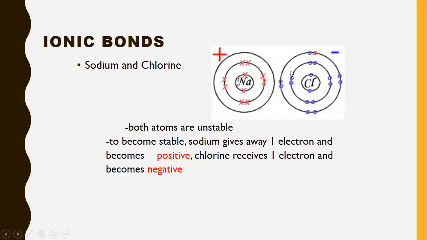By giving that electron, it created a positive charge, and this one has one more electron than it would normally have, so it now has a negative charge. Remember, electrons are negative. These ions are held together by electrostatic forces, which just means there's a positive and negative, and they're attracted to each other. That's it.